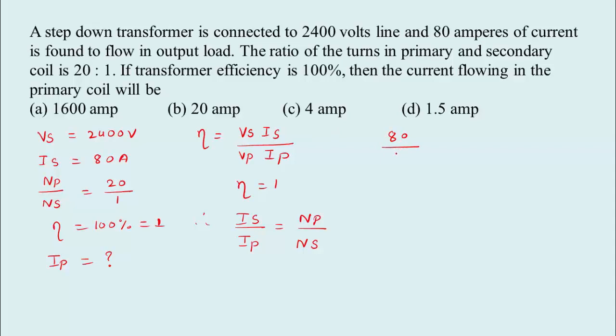IP we don't know, so we keep it as it is. NP divided by NS is 20 divided by 1. So the current across primary is 80 by 20, which is 4 ampere. That is option C.